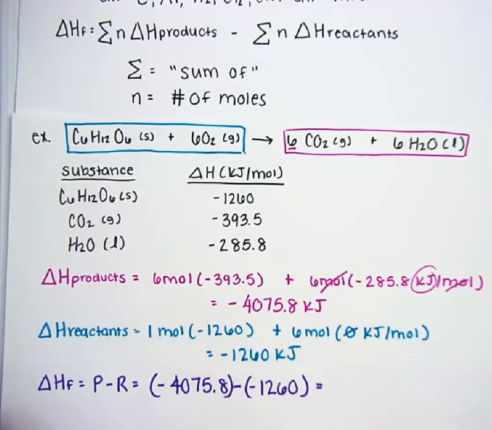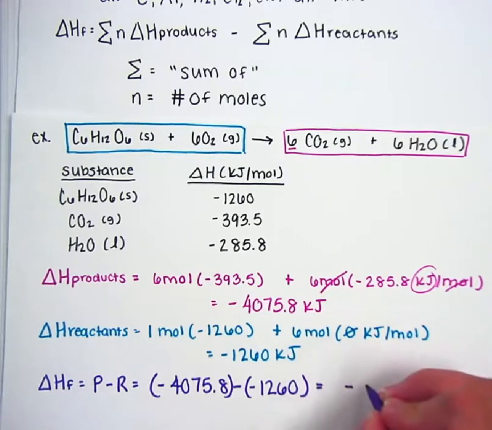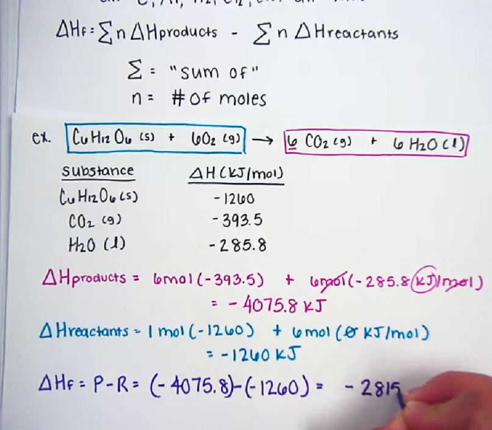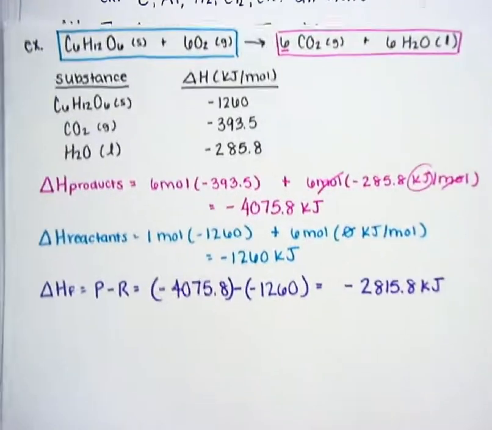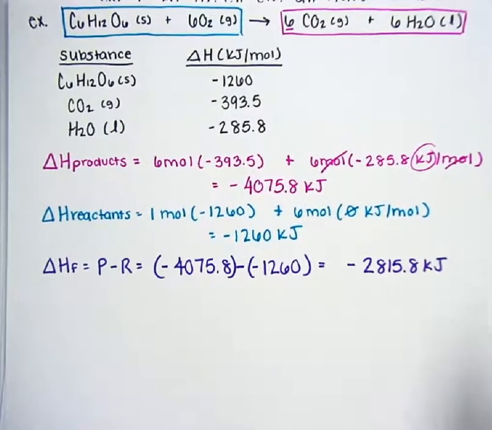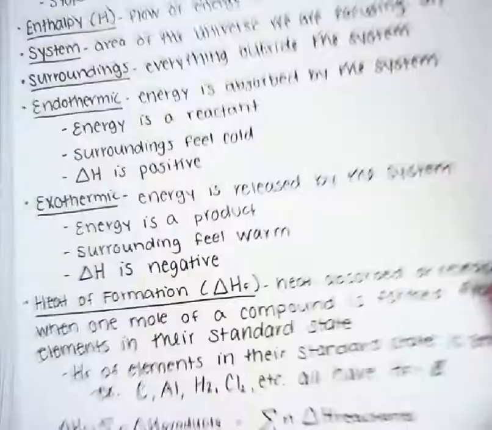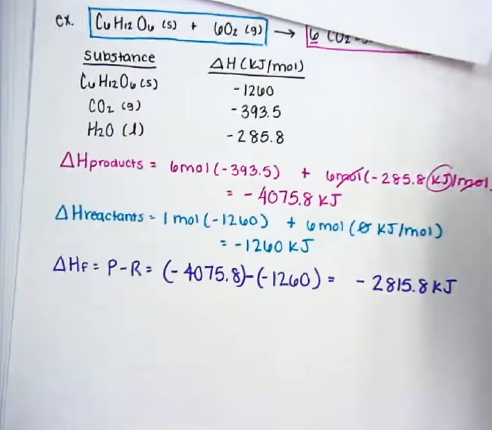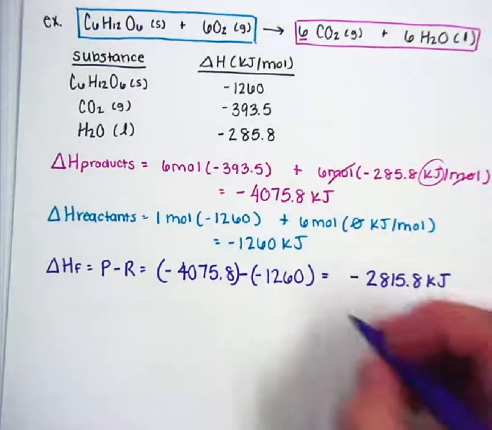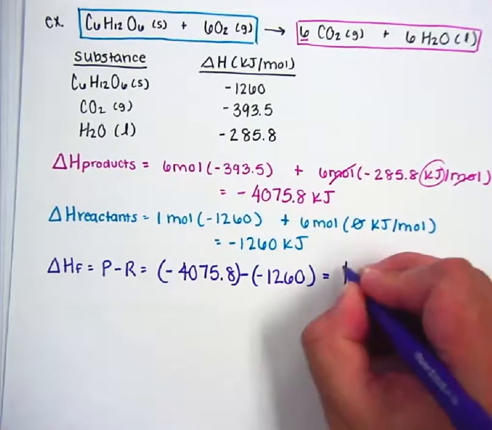Products minus reactants. And we should get a final answer of negative 2,815.8 kilojoules. If you were asked whether this reaction was endothermic or exothermic, my delta H value is negative, so this represents an exothermic reaction. Heat energy is exiting the system.